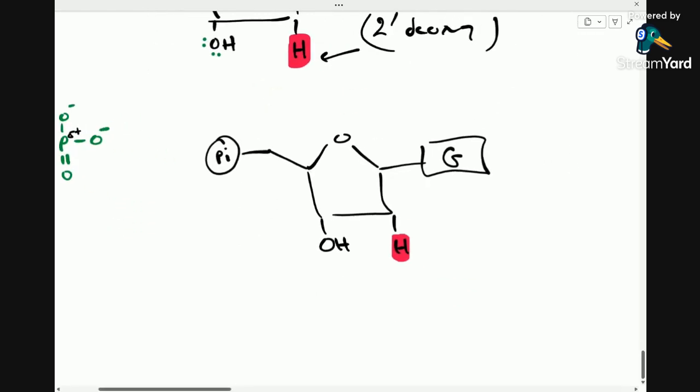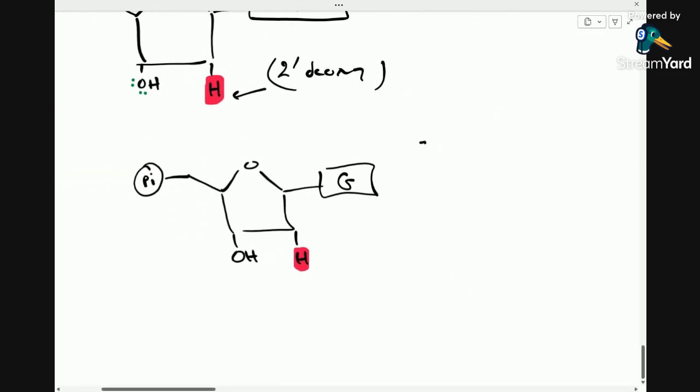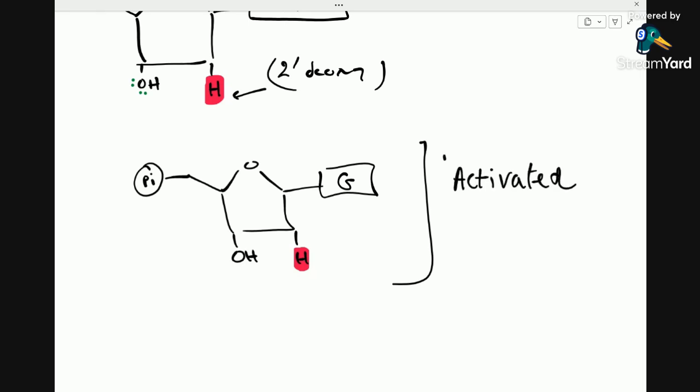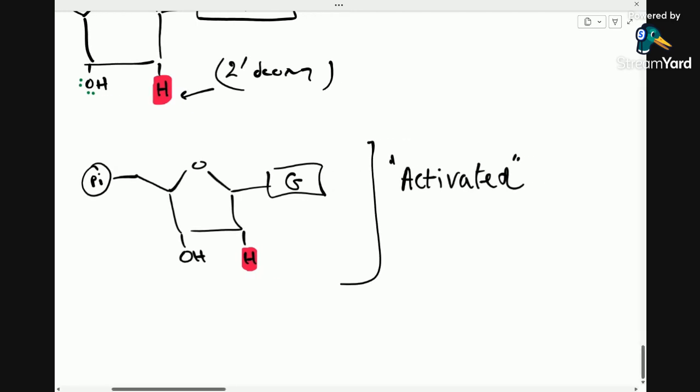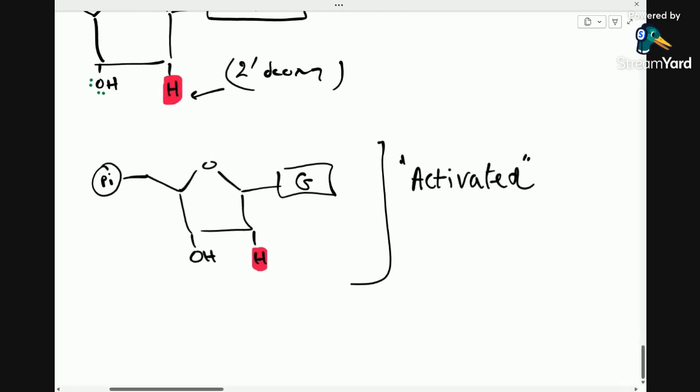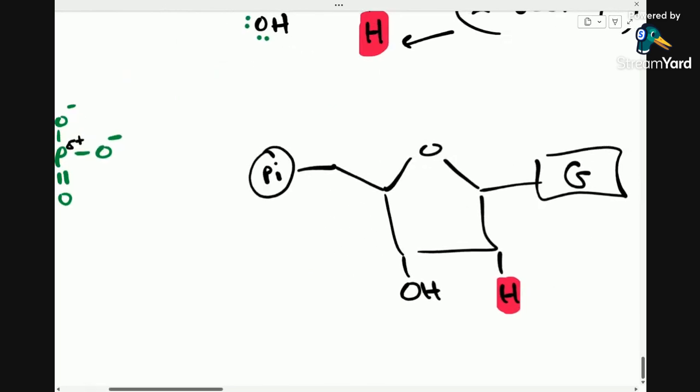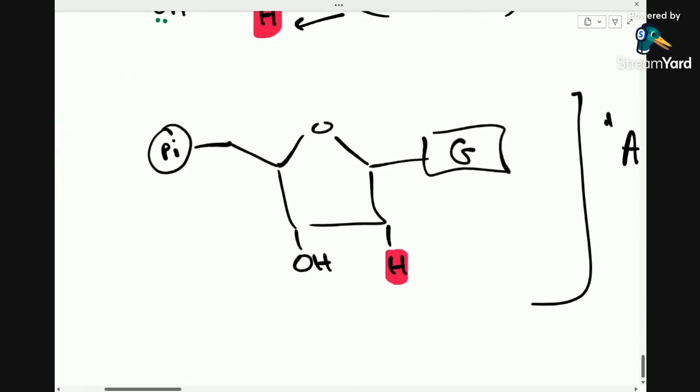It turns out that this nucleotide here, which I'll draw like this, has to be activated. So not only does it have to be a nucleotide, we have to be very specific. It's not just a nucleotide, in this case monophosphate, or if I'm being technically accurate, it's a nucleoside, which is this bit, monophosphate.